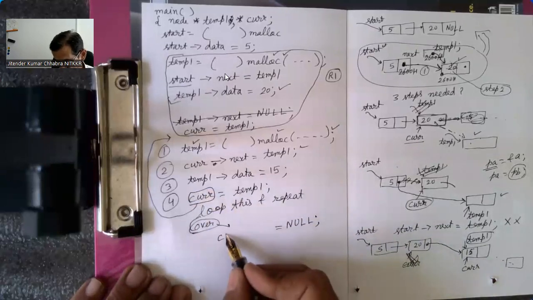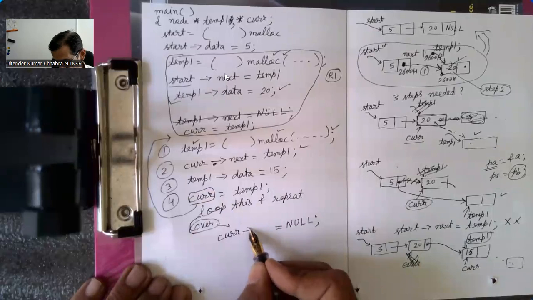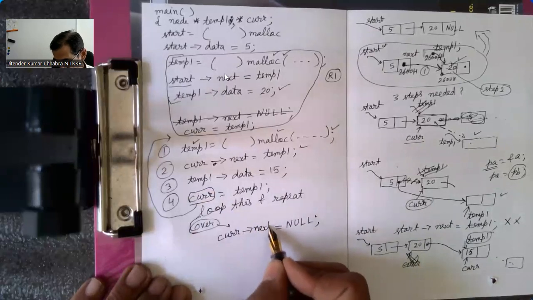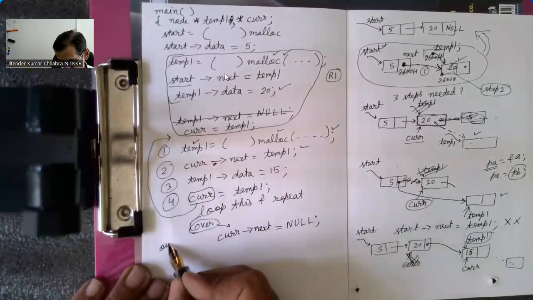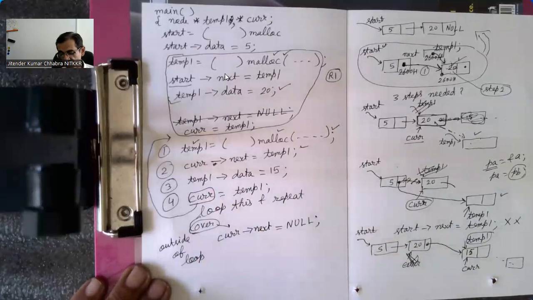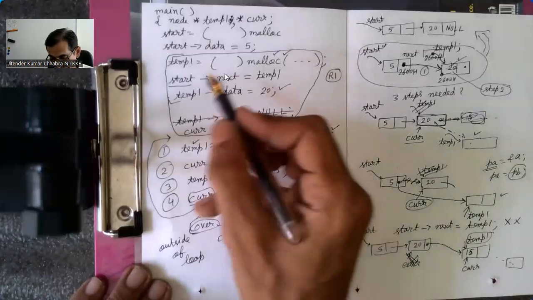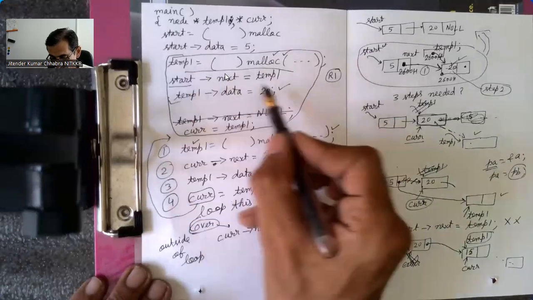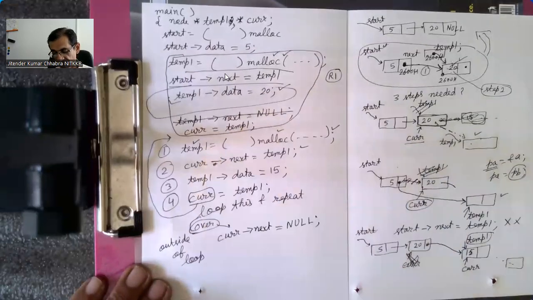So outside the loop I can always write current arrow next equal to null. This I could easily think of repeating again and again, and effectively the same thing I could repeat for this data also.